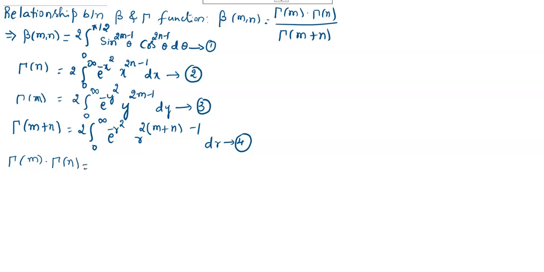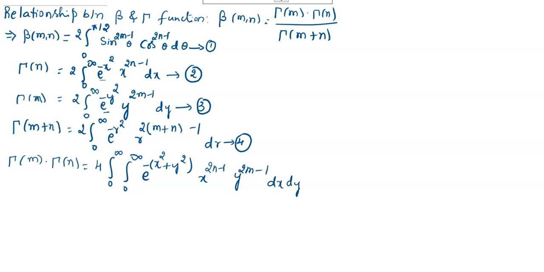This is equal to 4 times the double integral from 0 to infinity, 0 to infinity of e to the power of minus x square plus y square, since if the base is same then powers can be added by the law of indices, times x to the power of 2n minus 1 y to the power of 2m minus 1 dx dy. Let me call this equation number 5.